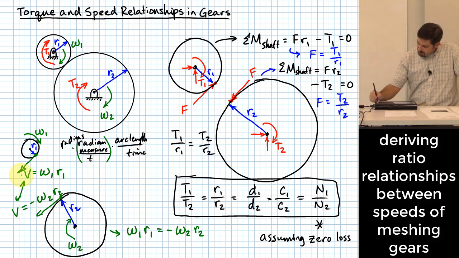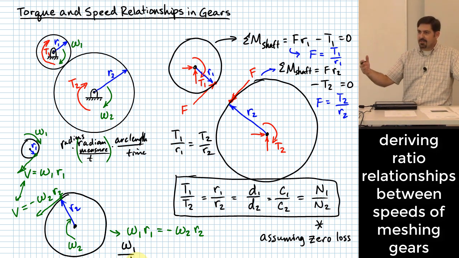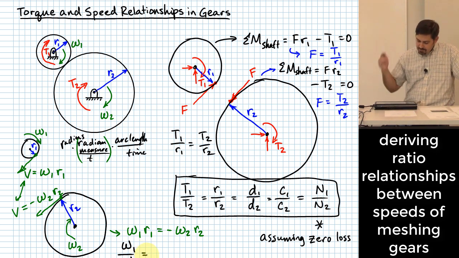Well, what can I do with that? We can basically say omega 1 over minus omega 2. That way I can get rid of that minus sign out of the main part of it. It just acknowledges they go two different directions, but we'll just put it down there like that. Omega 1 over minus omega 2, what is this going to be equal to?